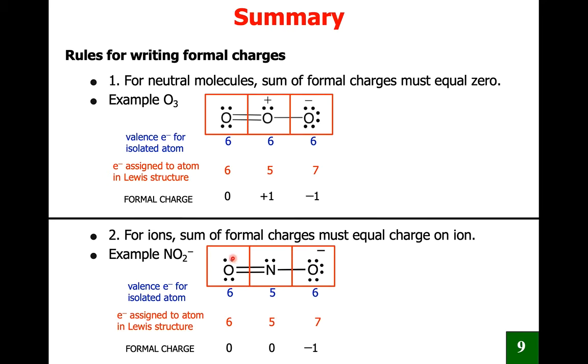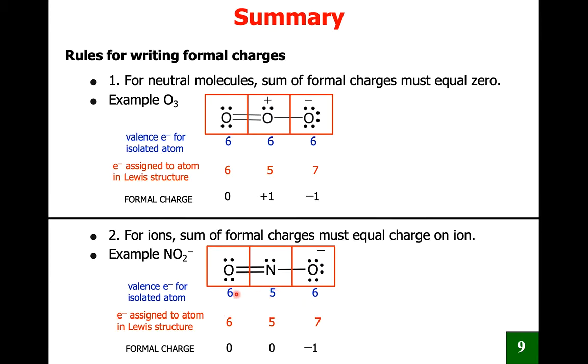So in this Lewis structure, this leftmost oxygen has 1, 2, 3, 4, 5, 6. The rightmost oxygen has 1, 2, 3, 4, 5, 6, 7. And the nitrogen here has 1, 2, 3, 4, 5. Well, from the periodic table, oxygen should have 6. Nitrogen should have 5.